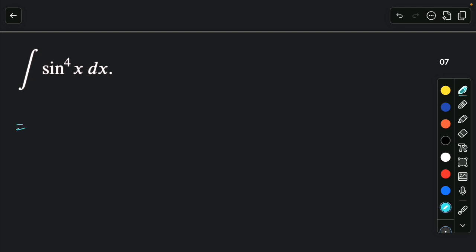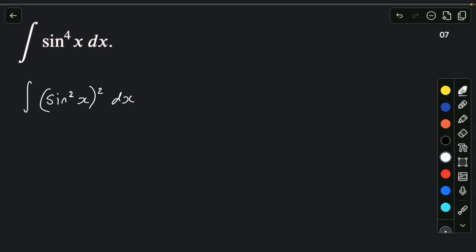We're going to say this is going to equal the integral of sine squared x squared dx, and then we're going to substitute in our formula that we just used before.